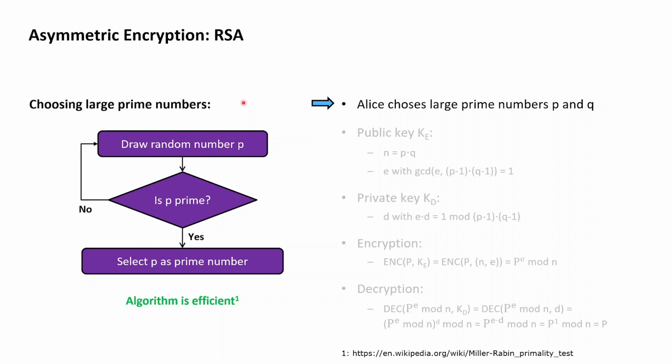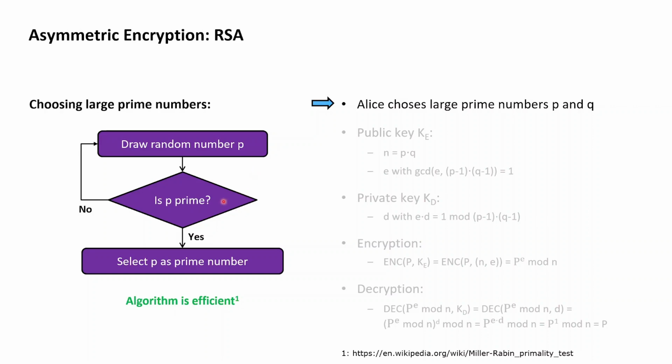Finding prime numbers of that size is then done by following the process described on the left side of the slide. In order to choose a large prime number, Alice first draws a completely random odd number P of the required size, so for example 1024 bits.